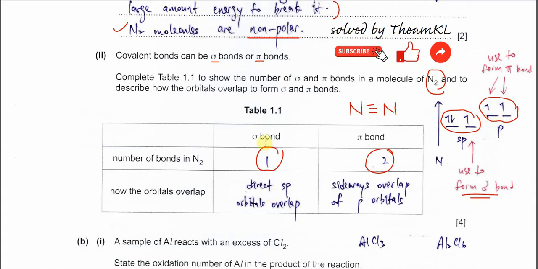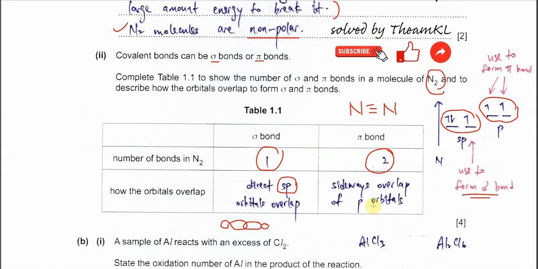Each nitrogen will have the same hybridization like this, and they will undergo different overlaps. To form the sigma bond, it needs to use the sp hybrid orbital, means these orbitals, and they undergo head-on or direct overlap, something like this. One of the hybrid orbitals from one nitrogen overlaps directly with another hybrid orbital to form the sigma bond.